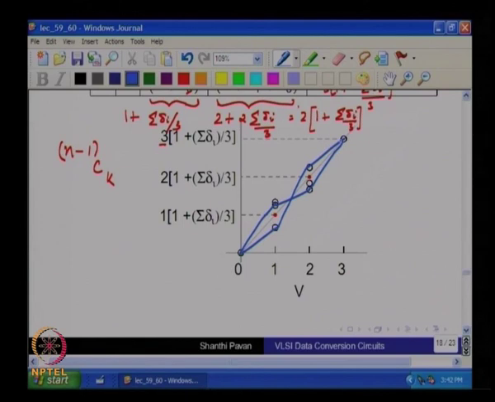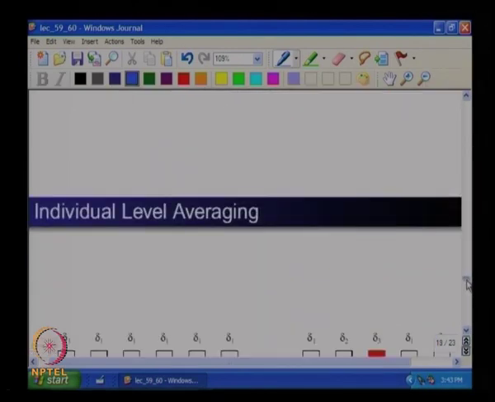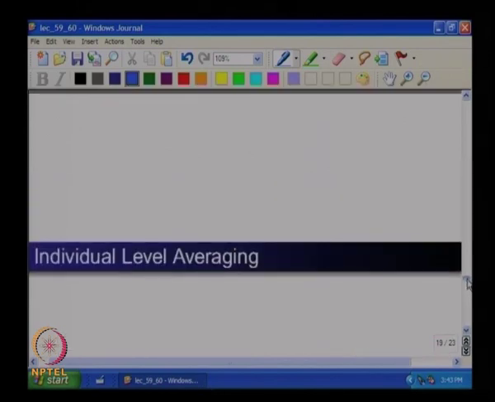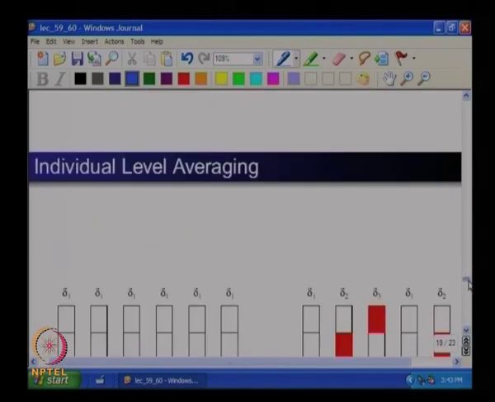So, sometimes I will choose this, sometimes I will change my choices of unit elements and do this, keep changing this often enough, and therefore, on the average I must get the straight line. Okay. So, this has spawned a whole bunch of techniques, the first one based on this observation.